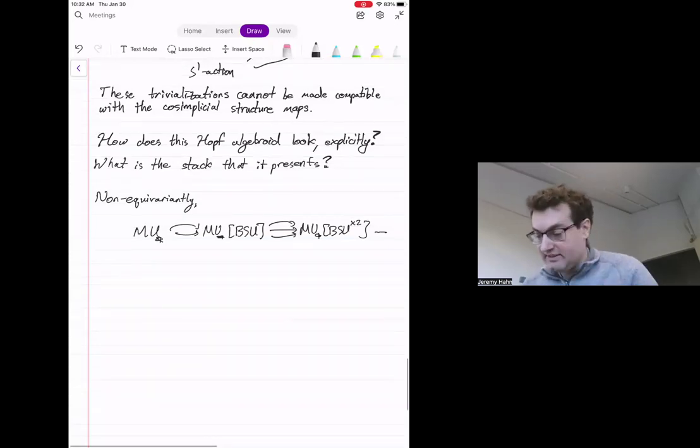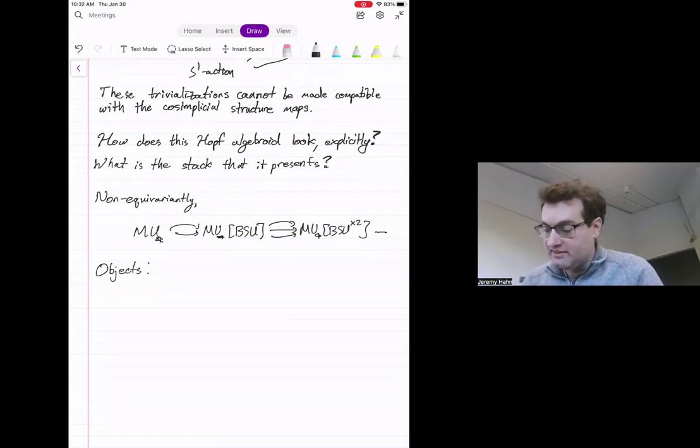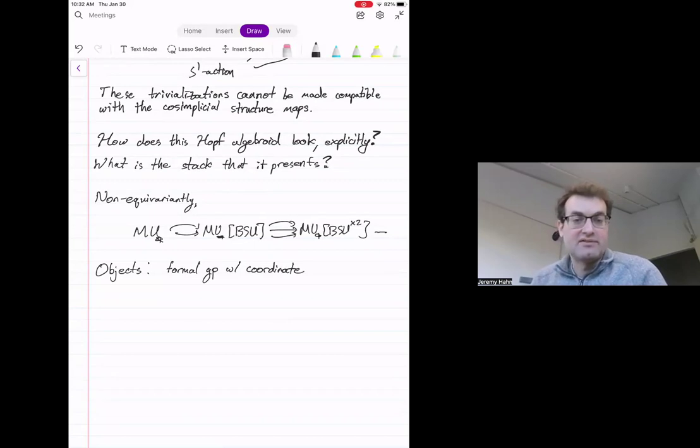But if we're trying to describe this algebra geometrically, this is some category, some groupoid, where the objects are represented by MU star. So the objects are a formal group with a coordinate. That's what a map from MU star to some ring classifies, a formal group with a coordinate, in other words, a formal group law. And the morphisms here are classified by the MU homology of BSU.